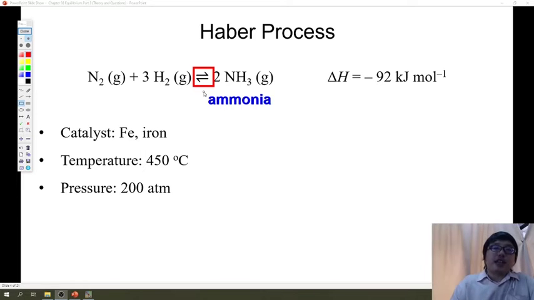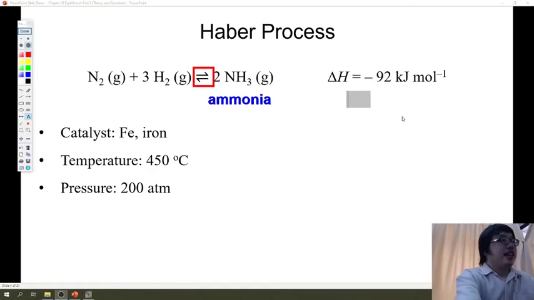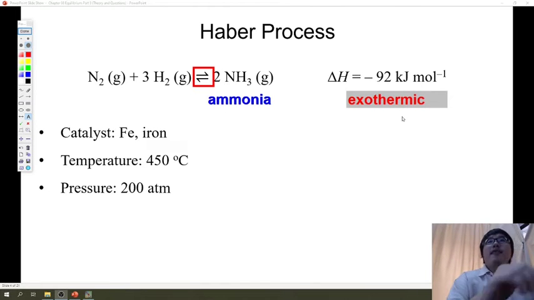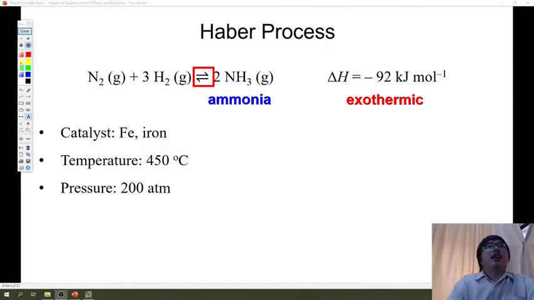This is a large-scale industrial process involving an equilibrium reaction, a very famous one known as the Haber process, named after Fritz Haber. Other things to take note of: because of the negative sign, it is exothermic.